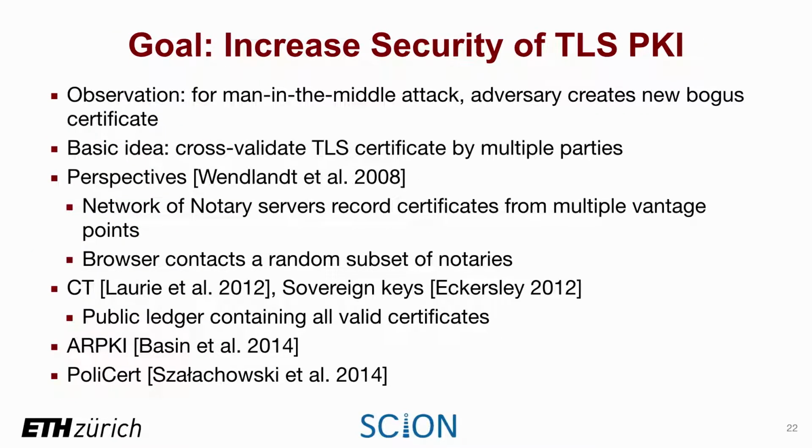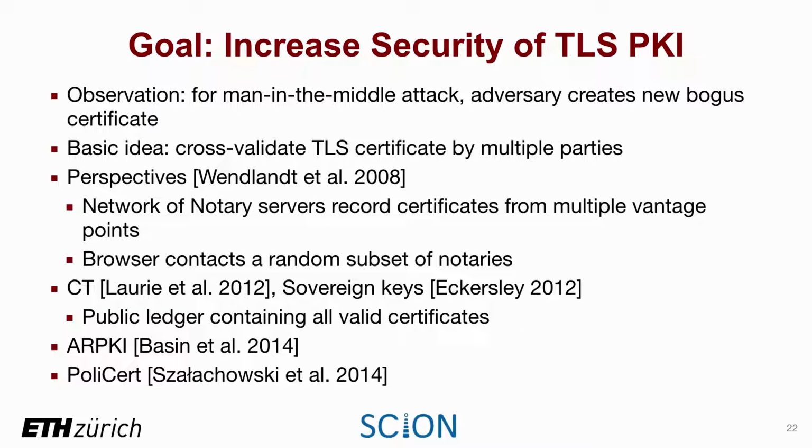In the quest to increase the security of the TLS PKI, many systems have been proposed. Basically, the man-in-the-middle attack, where an adversary creates a new bogus certificate to attack a service or end user, needs to be prevented. And so the idea is to cross-validate TLS certificates with multiple entities.